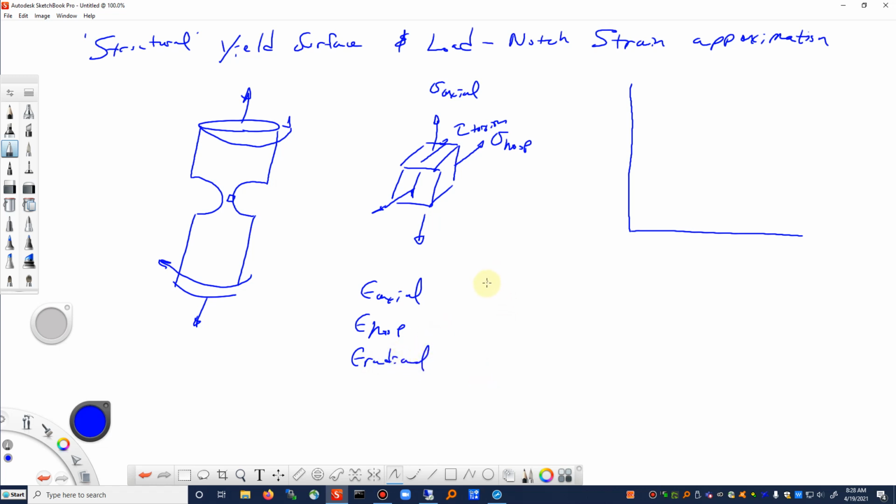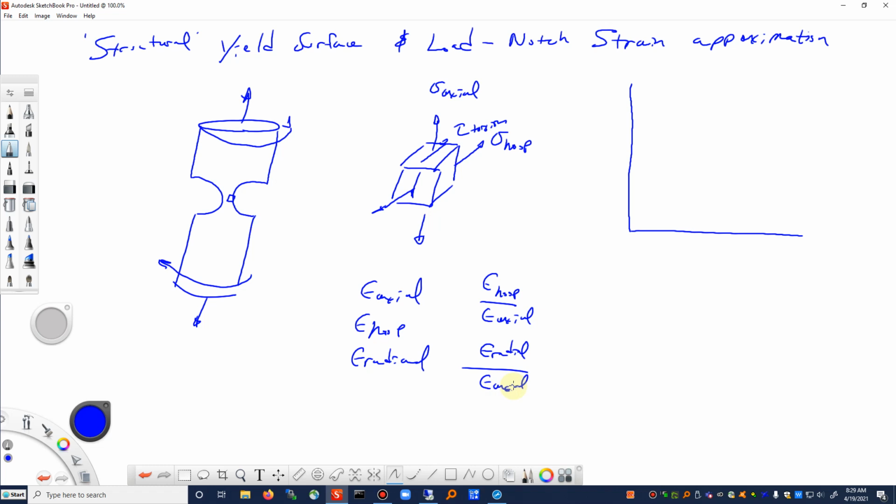And if I were to take a look at the ratio of the hoop strain to the axial strain, and the ratio of the radial strain to the axial strain, if this was a perfectly smooth bar, then the ratio would start off as Poisson's ratio of minus 0.3 in this case, if I don't have the sign change in here.